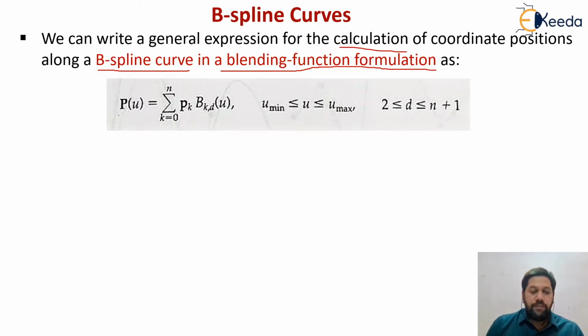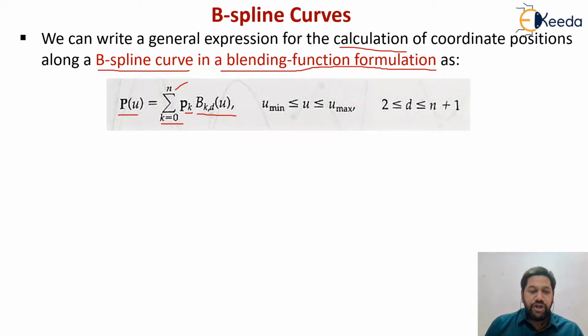So here the function P of u is equal to, again, a summation with k equal to 0 to k equal to n. I think we have seen such a function for the Bezier curve. It is a summation of pk, all these position vectors, or we can say the control points, multiplied with the blending function.